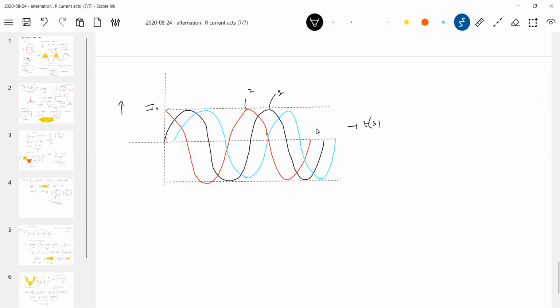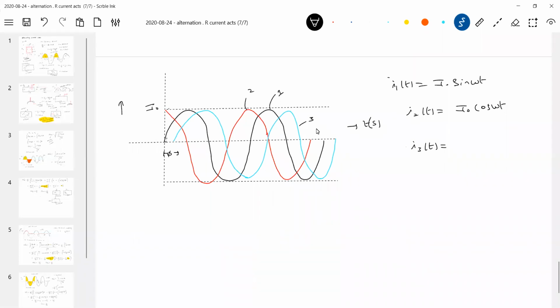1, 2, 3. What is I1? You can write it: I1 of t is I naught sine omega t. What about I2 of t? I naught cos omega t. And look at this, this is having some phase, no? What about I3? At t equals 0, what is the value of I3?